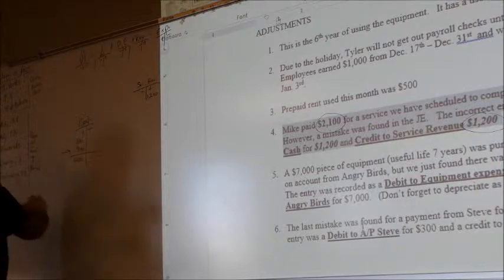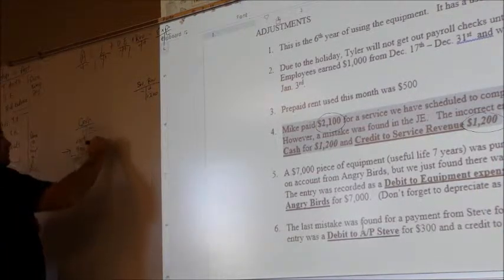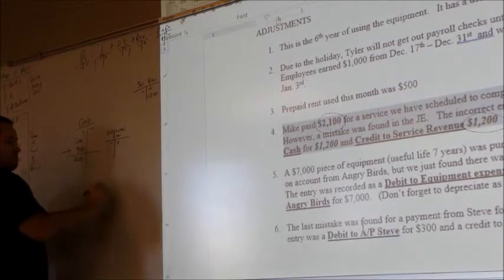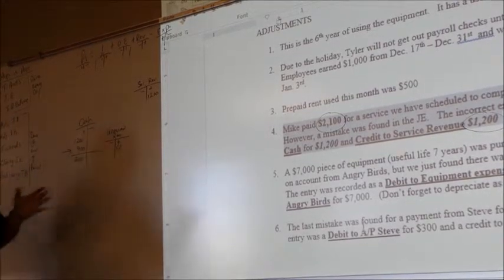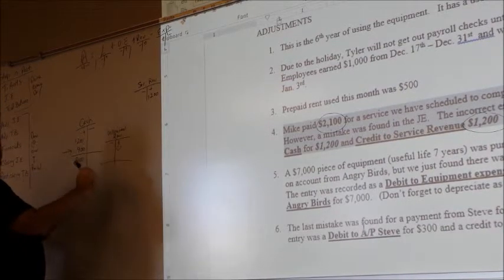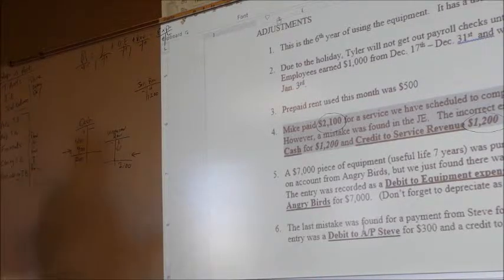Next, I see that this should have had a credit to unearned revenue. I went from 0 and needed to have a total of 2,100. So what did I do to go from nothing to 2,100 total?